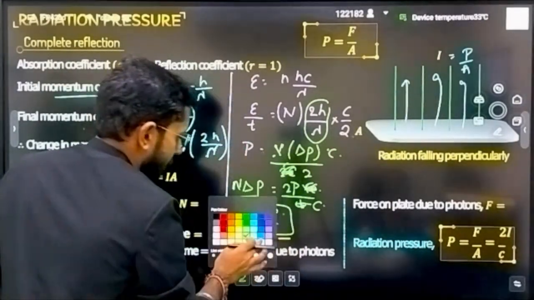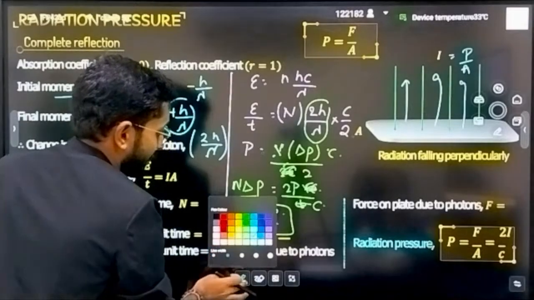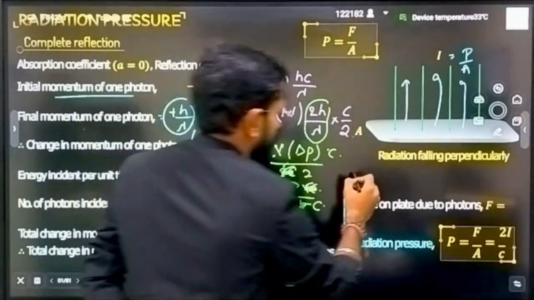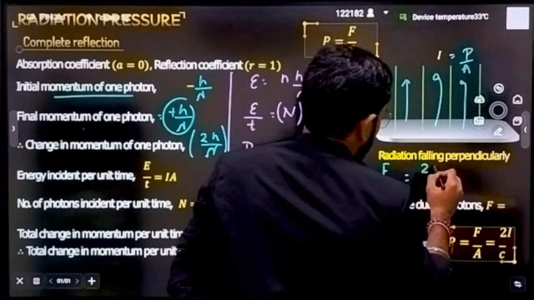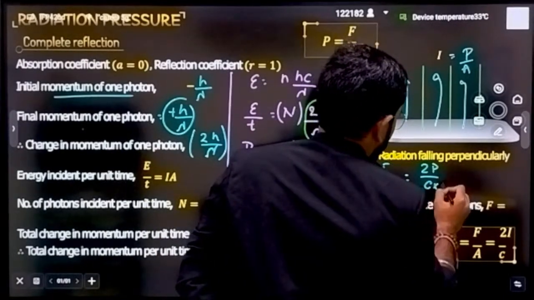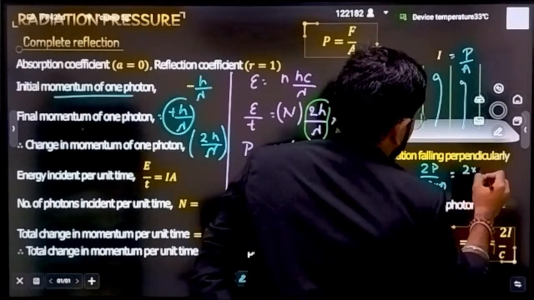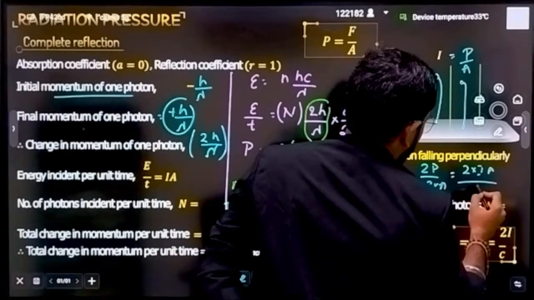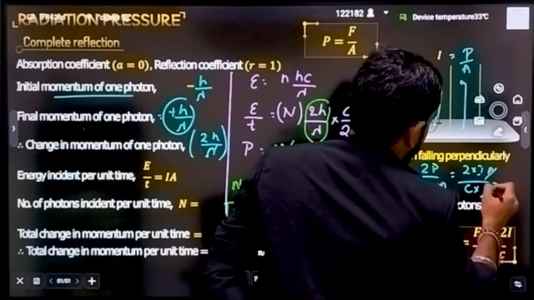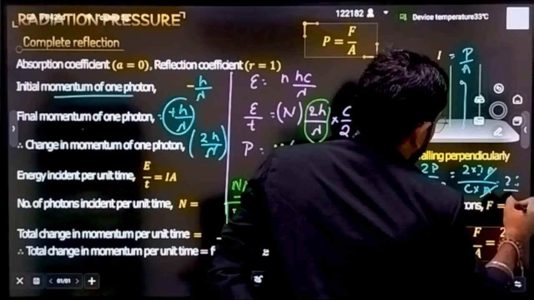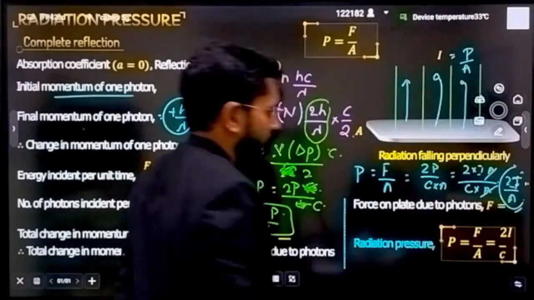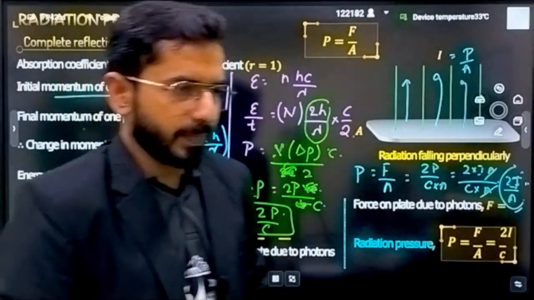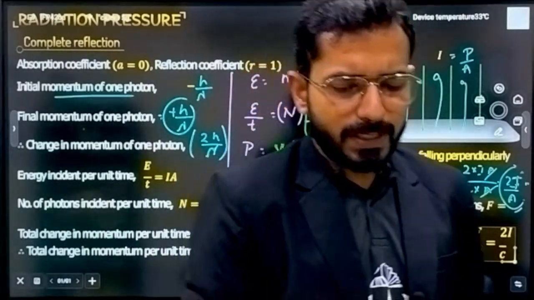अब force आ गया 2p by c, that's why you have to write every single thing very properly. Now radiation pressure is simply force divided by area. Force already you have calculated as 2p by c into area, and power can be written as intensity into area, divided by c into area, area cancels, that means it will be 2 times intensity divided by c. Is it clear? So what is the difference in the result?